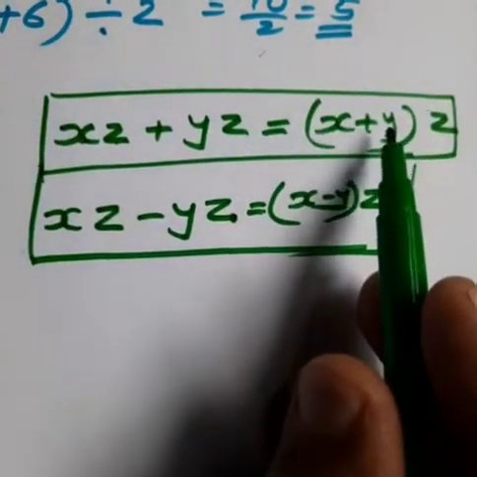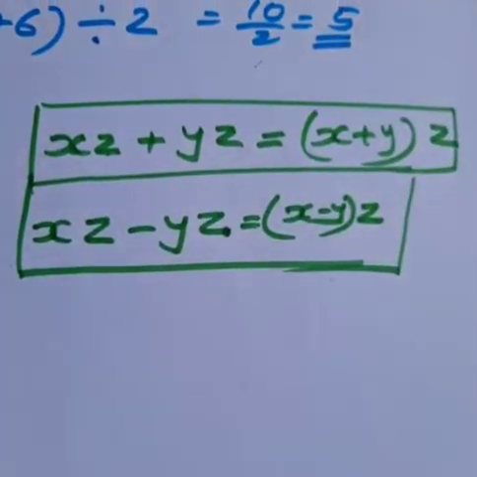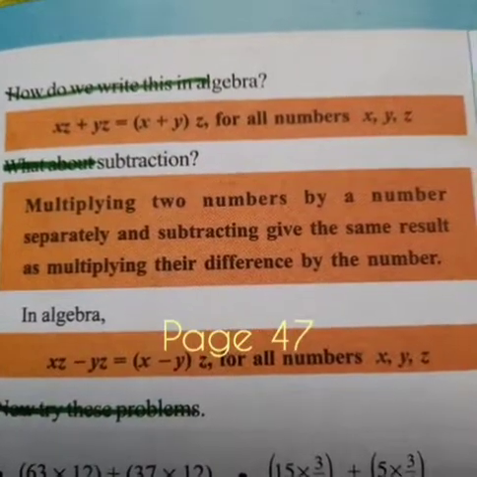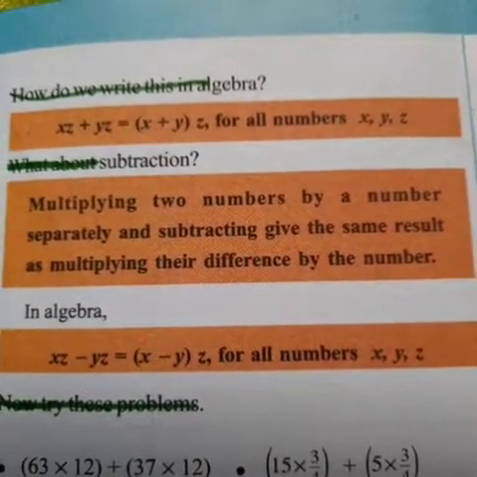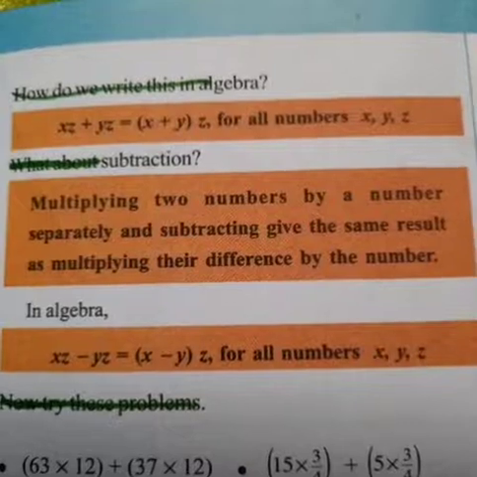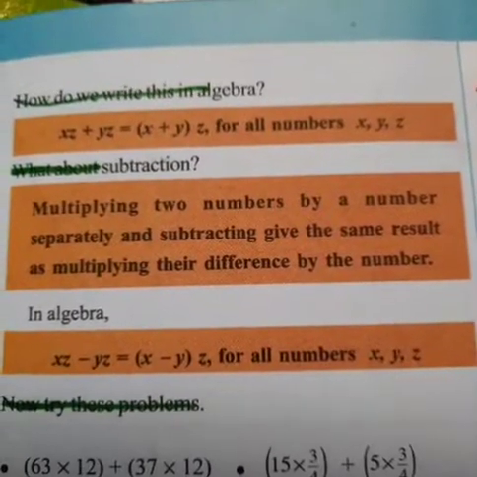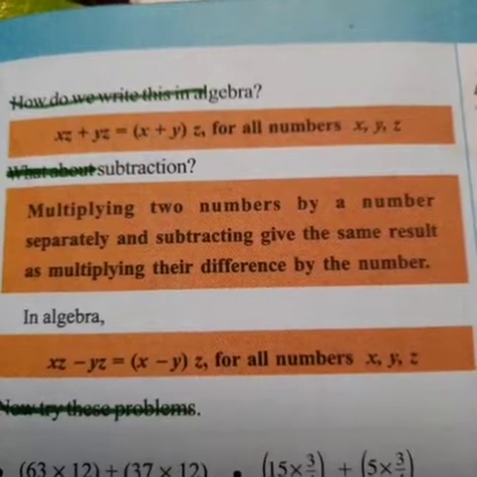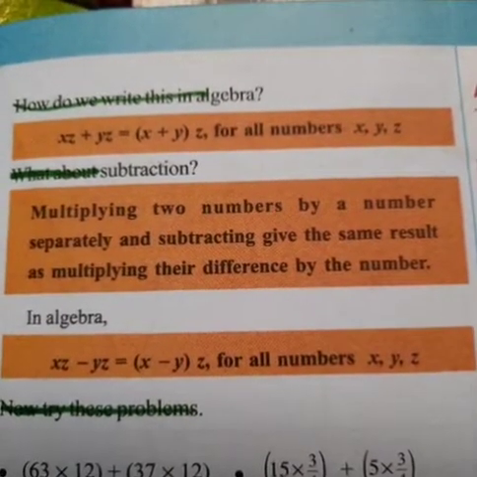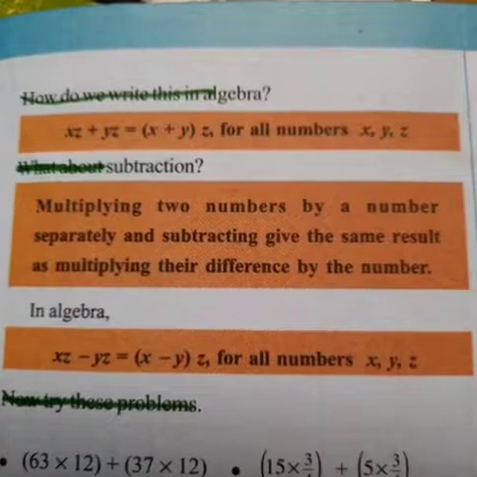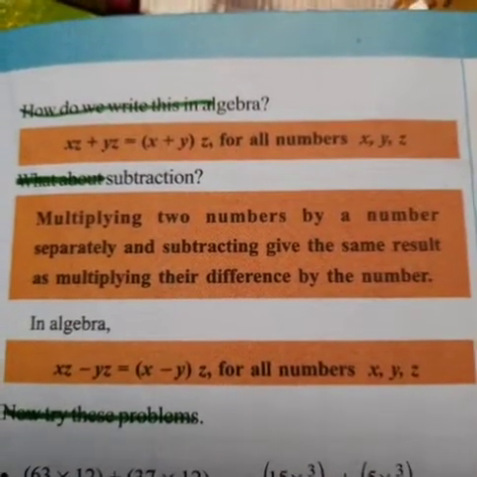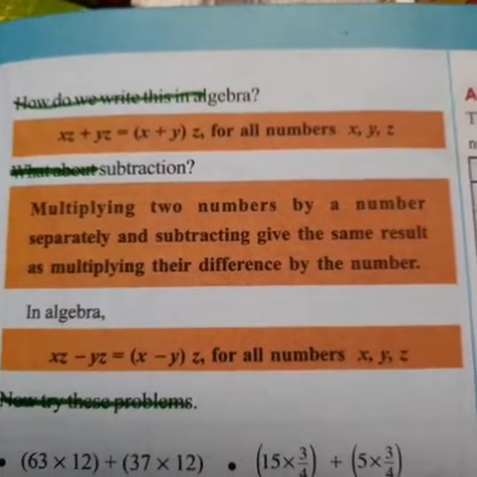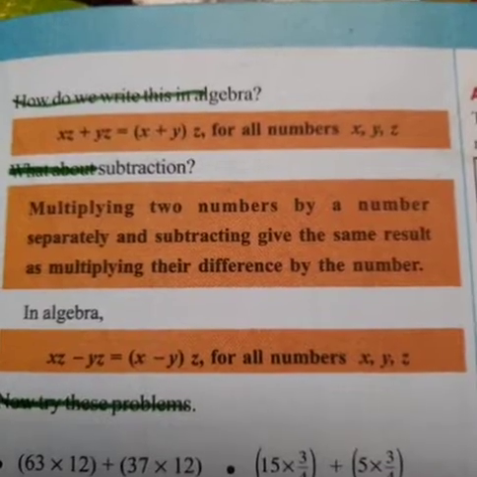Here it is x plus y into z. That is the general principle in subtraction: multiplying two numbers by a number separately and subtracting give the same result as multiplying their difference by the number. If it is addition, write the sum, and if it is subtraction, write the difference.